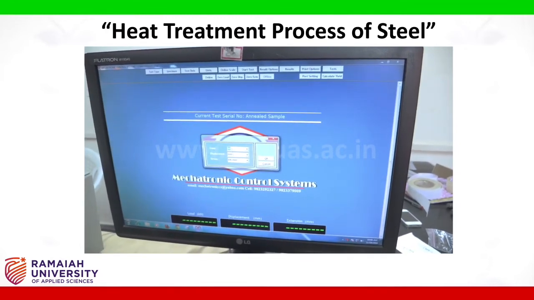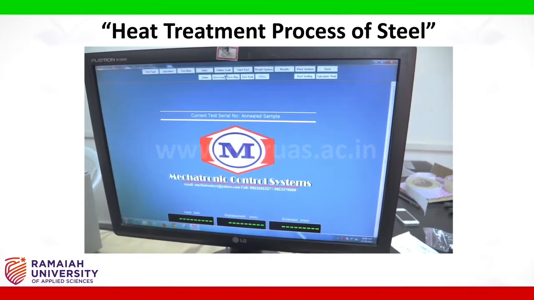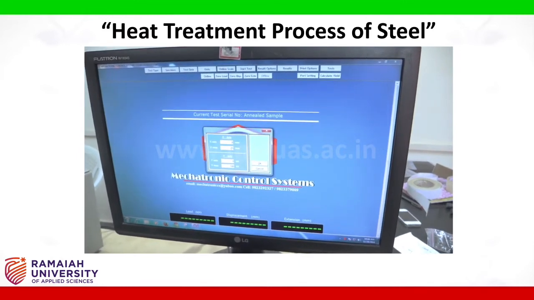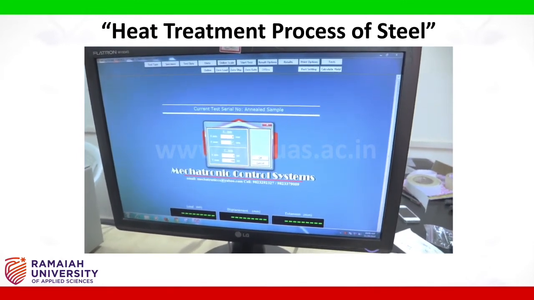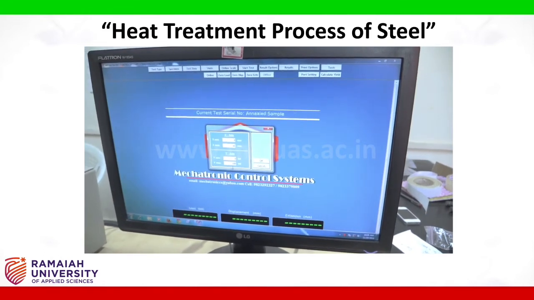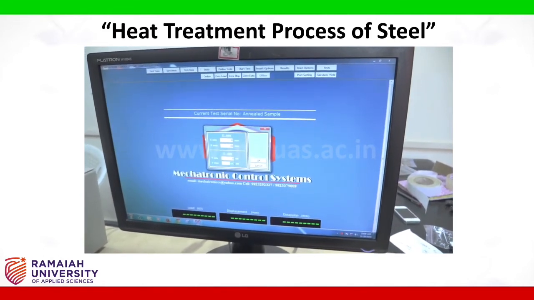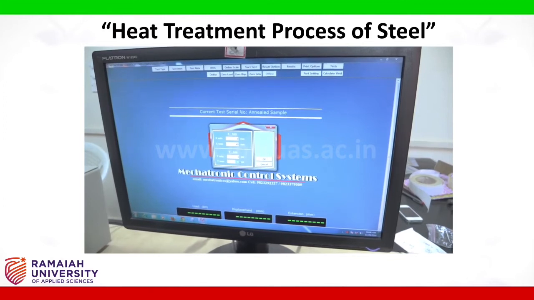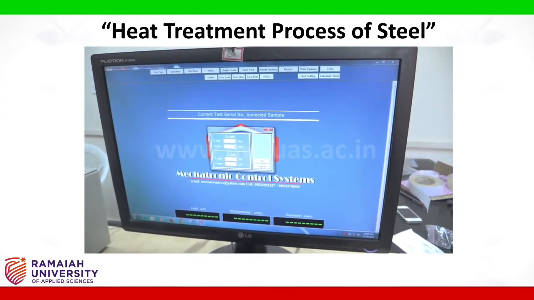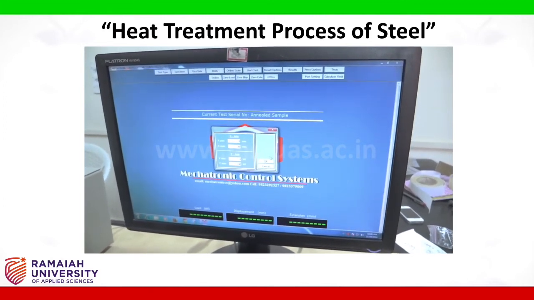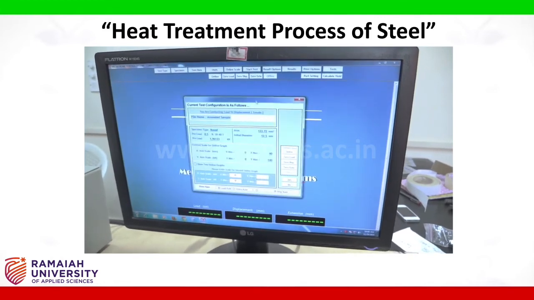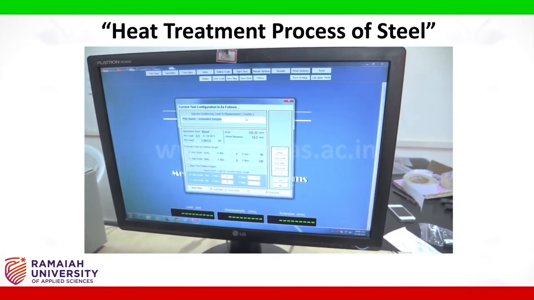Units: kilonewton per mm square. Online scale, this is the range where we can keep the x-axis and the y-axis. X-axis for deformation, y-axis for load. And then now it is ready for the start test.